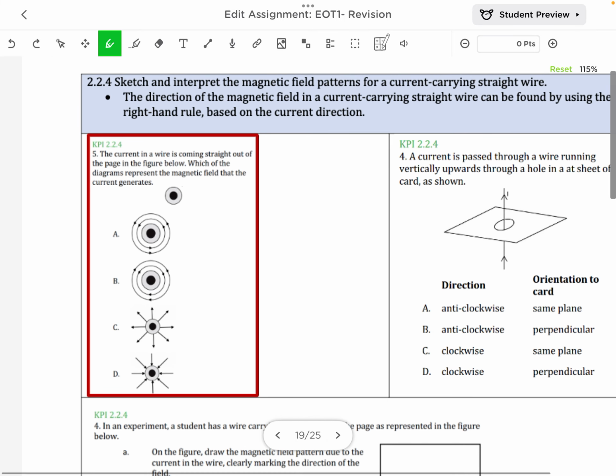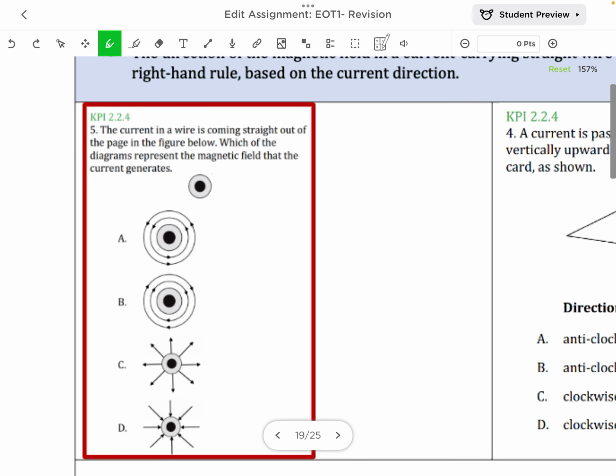So when it comes to sketching and interpreting the magnetic field pattern, question number 5, the current in a wire is coming straight out. So when I apply my first right hand rule, the fingers will curl anti-clockwise.